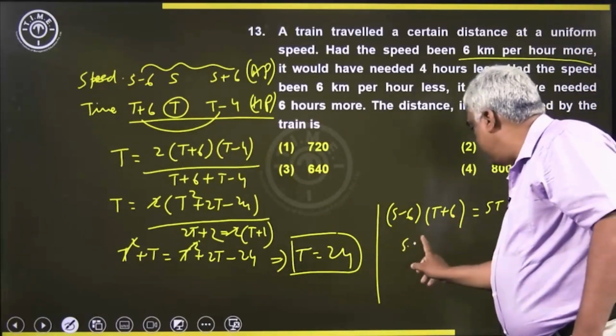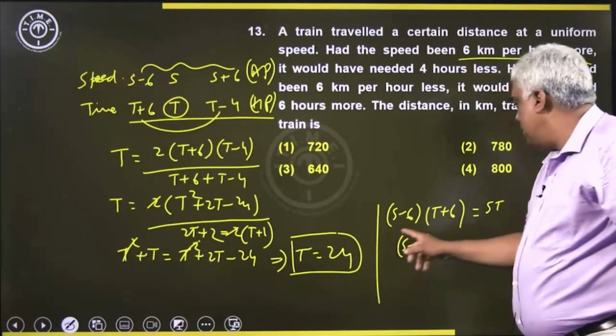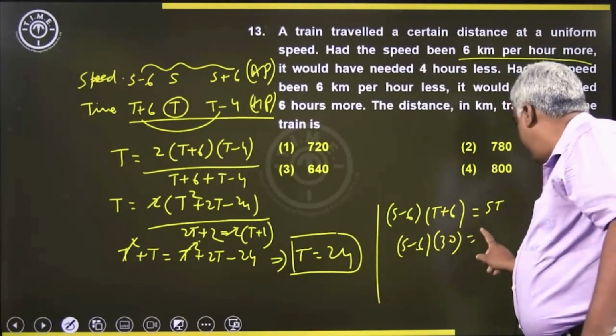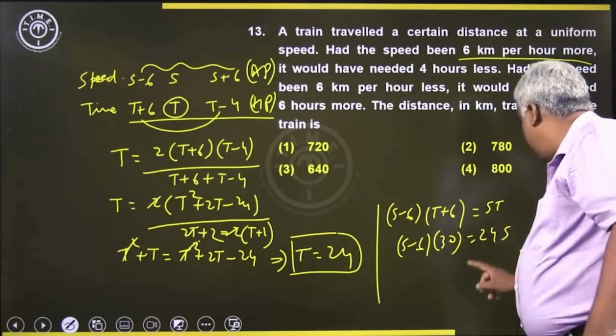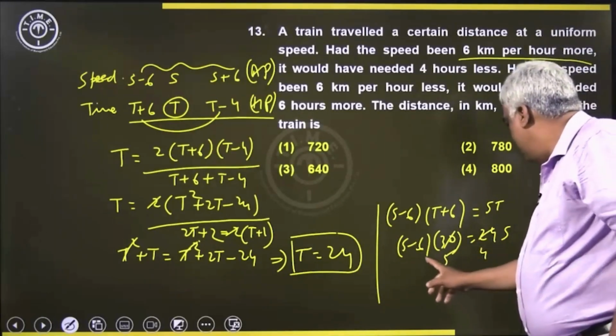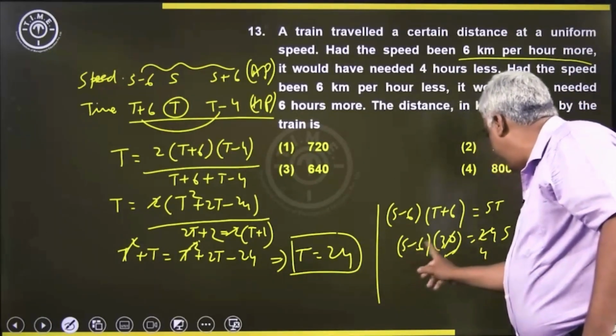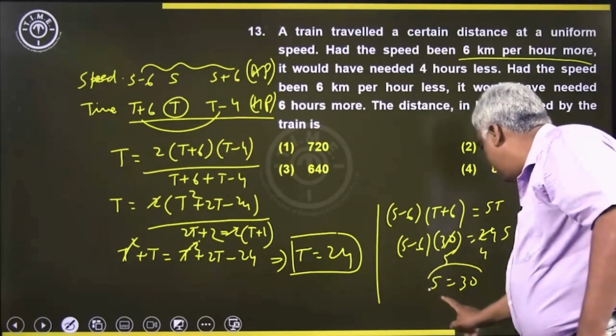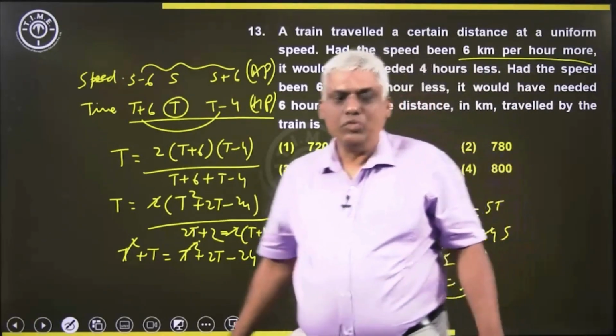So s minus 6, and this is 24 plus 6, 30, and this is 24 into s. So 5s minus 4s, s is equal to 30. So we got s equals 30 and t equals 24.